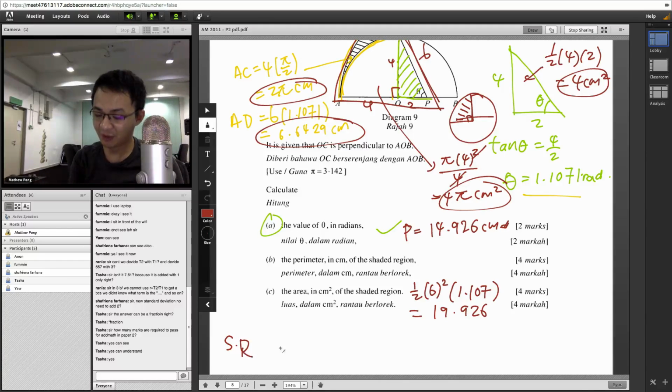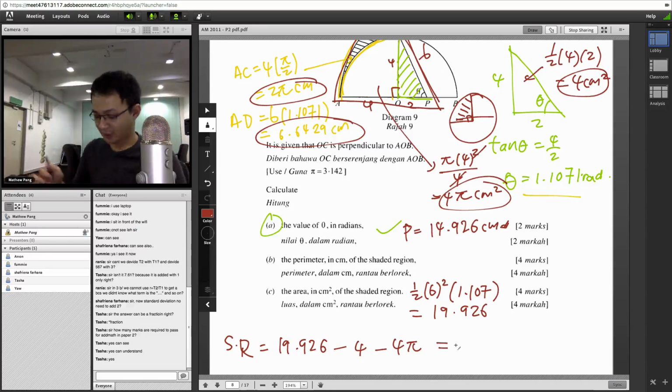Let me write a short form: shaded region equals 19.926 minus area of triangle, 4, minus area of sector, 4 pi. Then you should be able to get the shaded region is 3.36 centimeters squared.